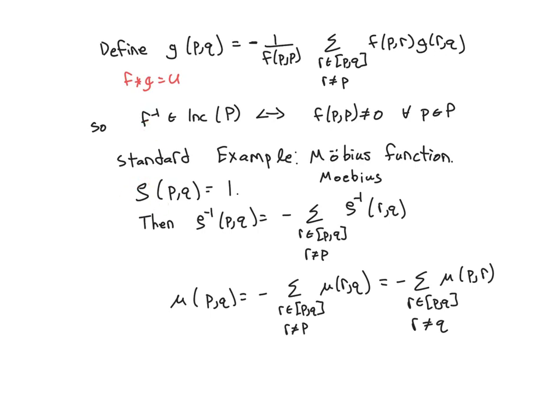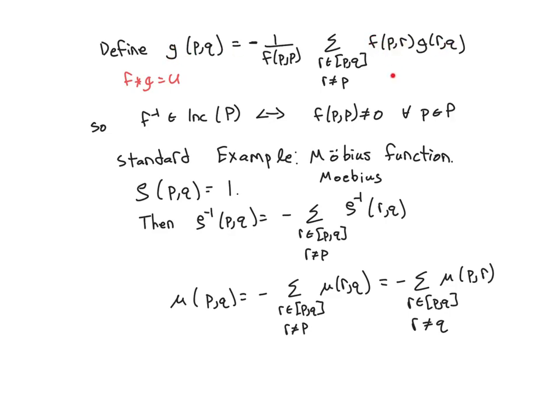We'll define the zeta function as 1 for every pair of elements when P is less than or equal to Q. So by this formula, zeta inverse of PQ is negative of the summation over all R in the interval PQ, R is not P, of zeta inverse of RQ. So I'm just plugging in this formula and writing zeta inverse here.